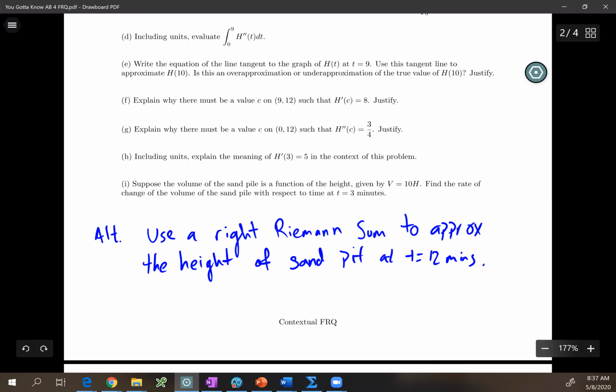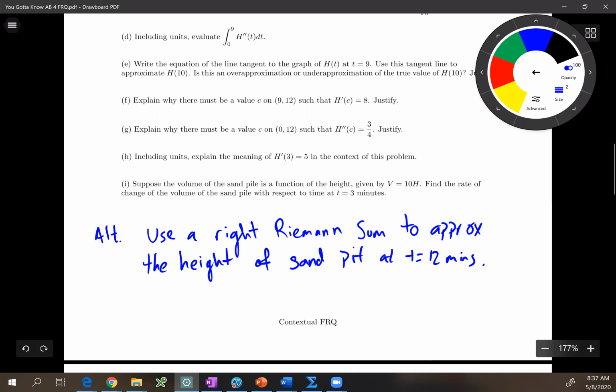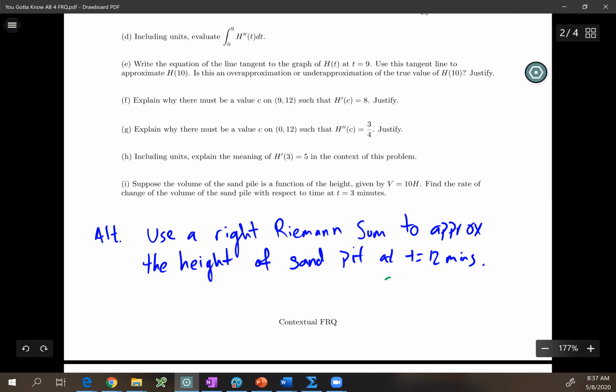And even harder would be, instead of at time 12 minutes, at time 0 they could use as well. So I'll look at how we would do both of those.